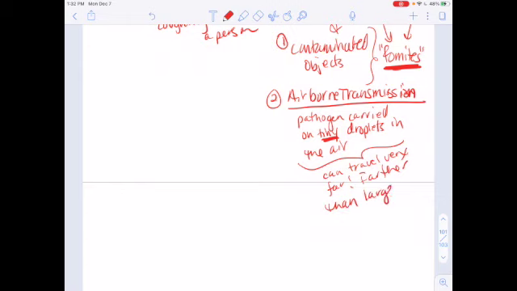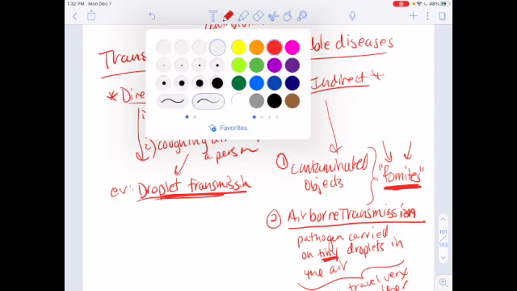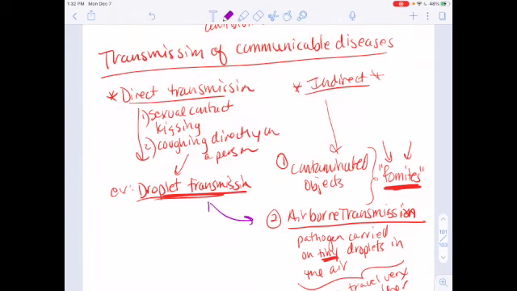than large droplets. So large droplets, I'm going to put direct transmission over here. Okay, sexual contact, kissing, coughing on a person. Coughing on a person is an example of droplet transmission. So again, the difference between droplet and airborne is the size of the droplets.